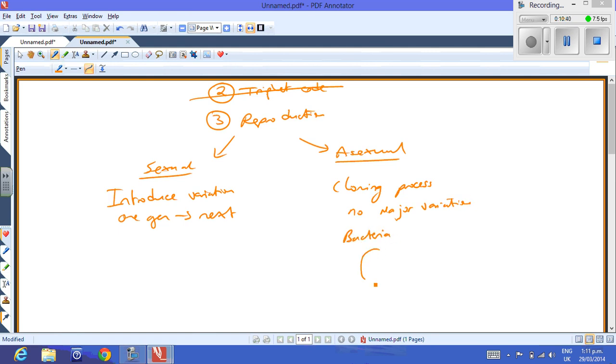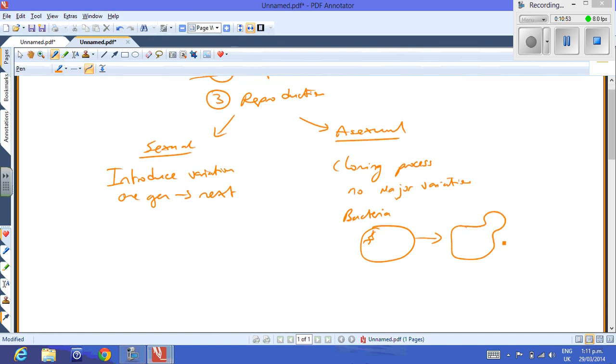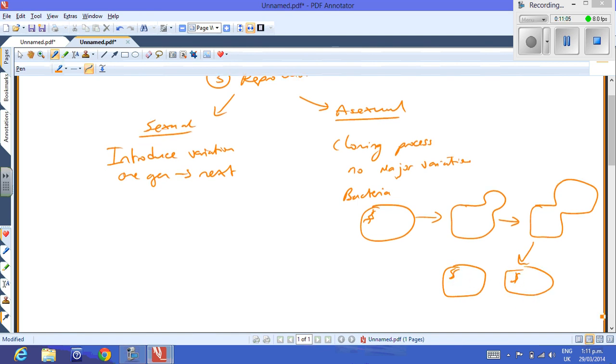We talked about how in a bacterial cell there's no nucleus around the DNA. So all it does is it goes through a process called budding, where it forms a little side part to its cell, and then eventually it gets bigger, and then it becomes two separate cells. And these two separate cells will be clones of each other if the process goes without any damage.